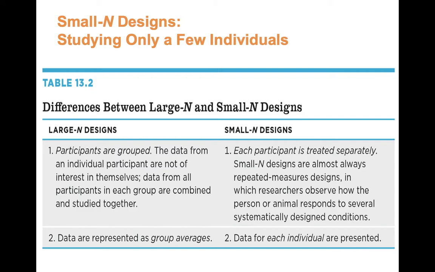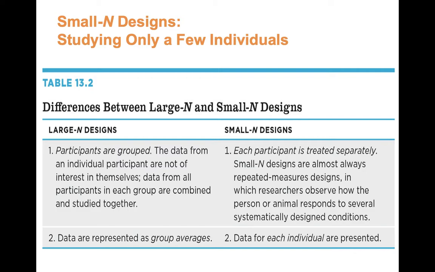This is in contrast to a large N design in which ultimately participants are grouped. Data from an individual participant is not of interest in and of itself. You take data from multiple participants, combine them together, and often present that data as a group average, comparing the average from a treatment condition to a control condition, for instance, or comparing averages across multiple treatment conditions.